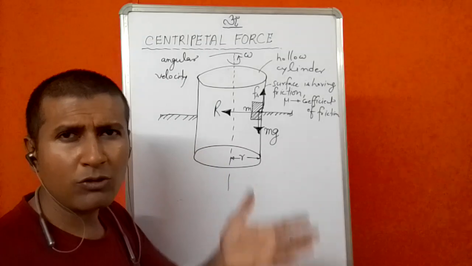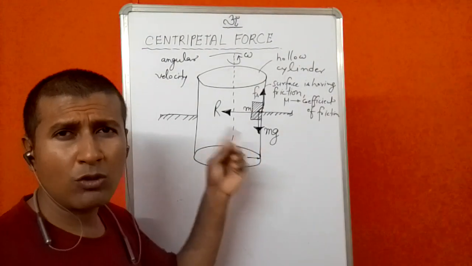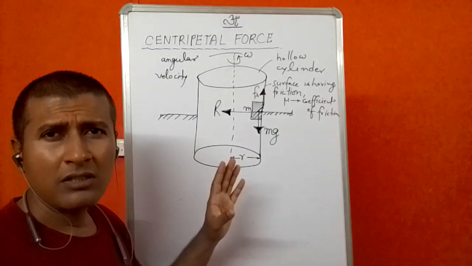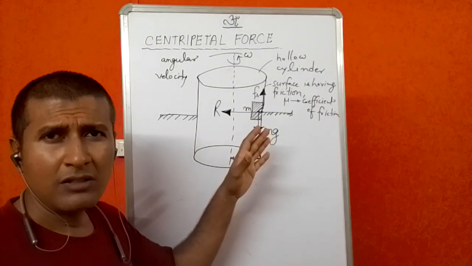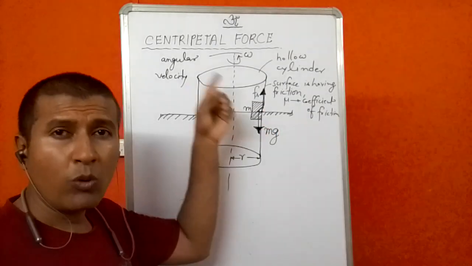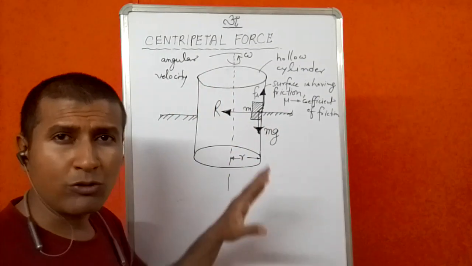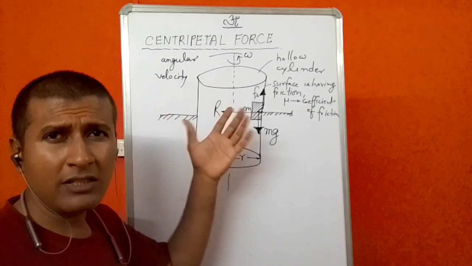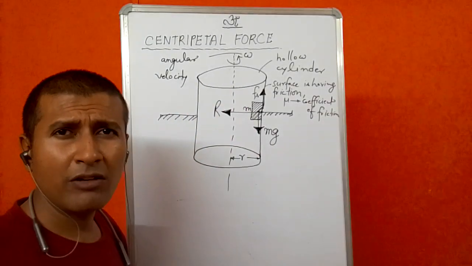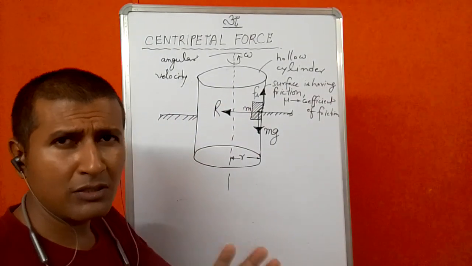Yes or no? Apply your brain. If the body is not losing the contact, if the body maintains its position in balanced condition while the rotor rotates, of course, this condition is a must. If the rotor stops rotating, there is a chance that definitely the body will fall down. Is the point clear?